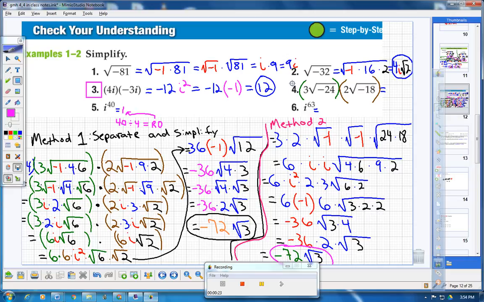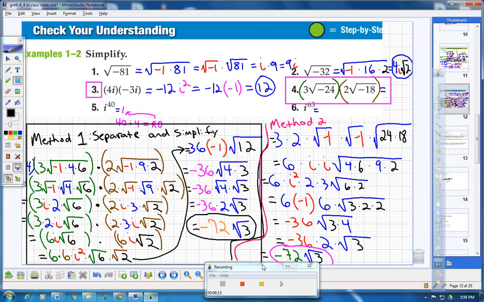A more difficult problem here that I outlined below with 2 different methods would be how to simplify 3 times the square root of negative 24 and 2 times the square root of negative 18. This is like 2 problems in one, and you can treat it as such. With method 1, when I just say separate and simplify, I treat this as just 2 separate problems that I then multiply at the end.